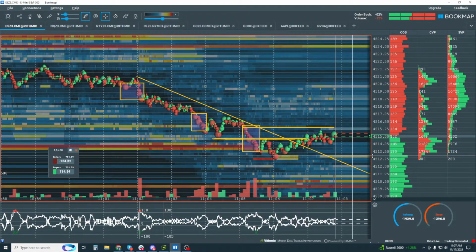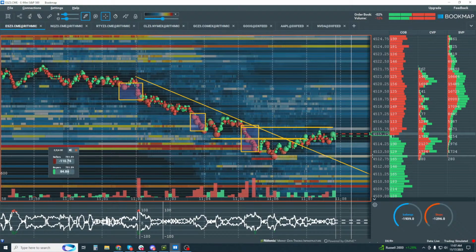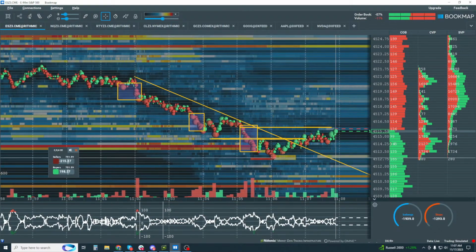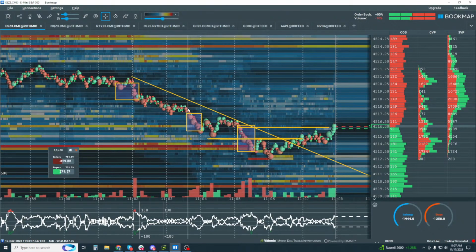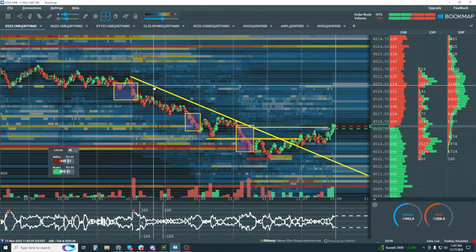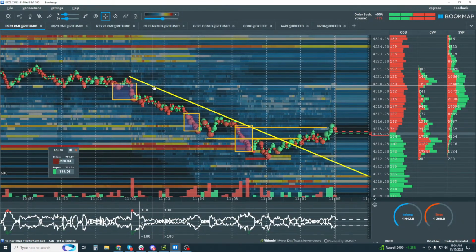Here we go. Let's see it, buyers. Would love to see a really nice steep move up into the swing up here, and really test these sellers up in here, maybe 20 as well.